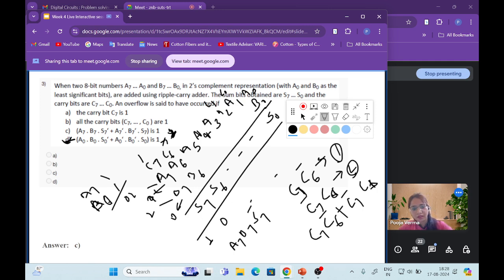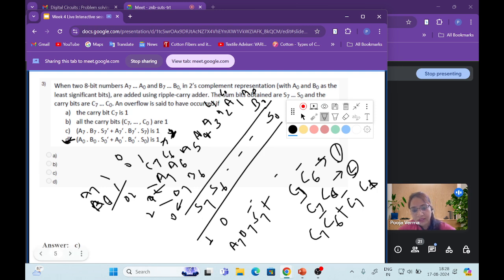The other situation is if A7 and B7 are both 0 and the carry C6 is 1.